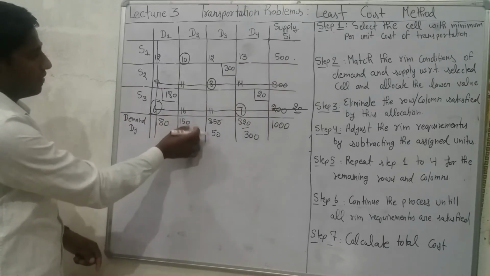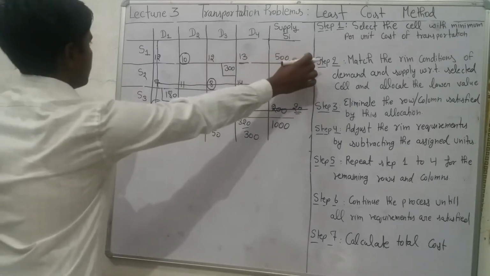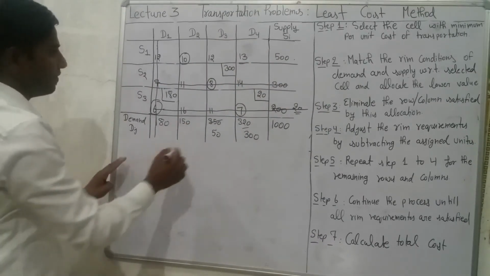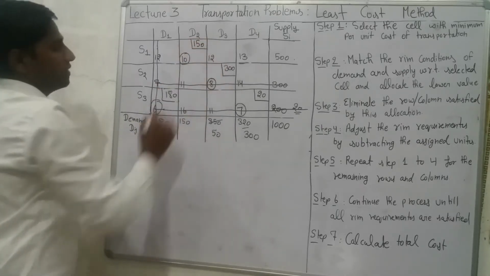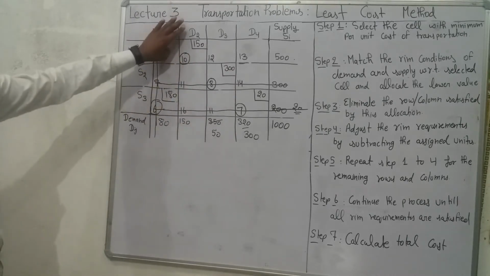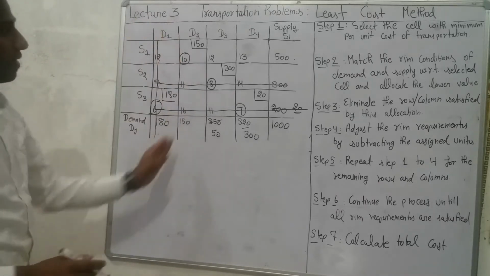So demand of destination 2 is equal to 150 units and the supplying capacity of S1 is 500 units. So we would allocate the lower one, that is 150 units. After allocating 150 units, the demand of D2 is completely satisfied, so we can delete this column.